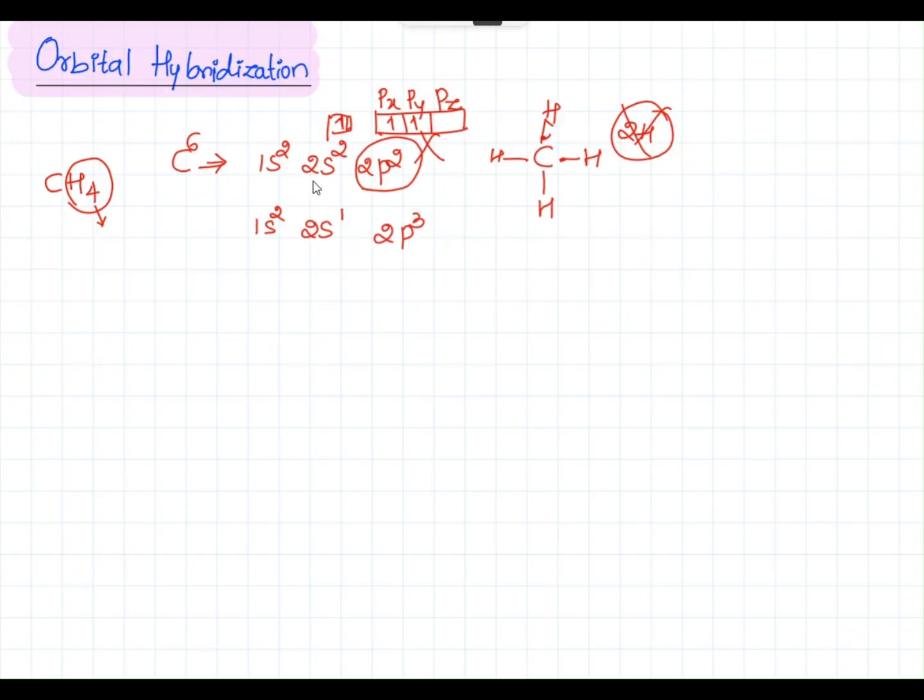In the excited state, the electron in the lower energy 2s will jump to the 2pz orbital. Hence it exhibits the configuration 1s2, 2s1 and 2p3. Now the carbon has 4 valence electrons, hence methane will exhibit 4 valencies.